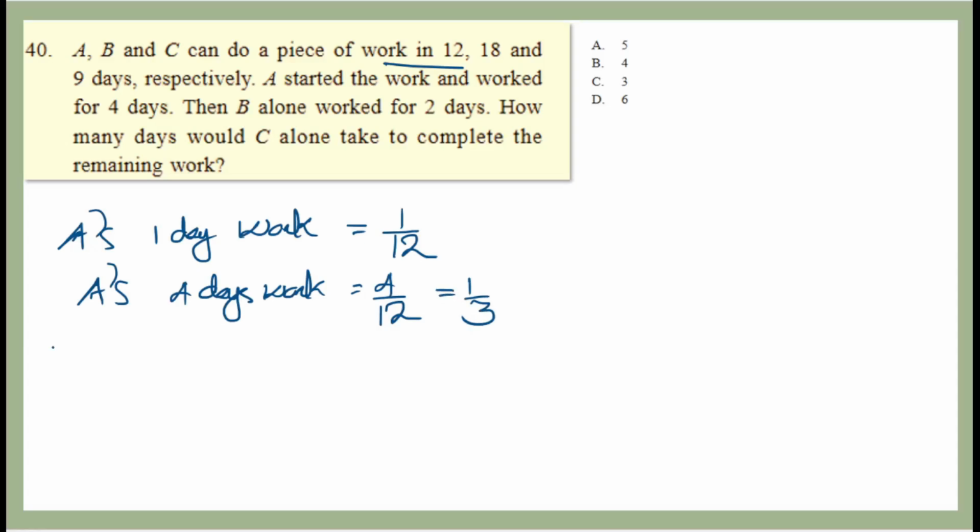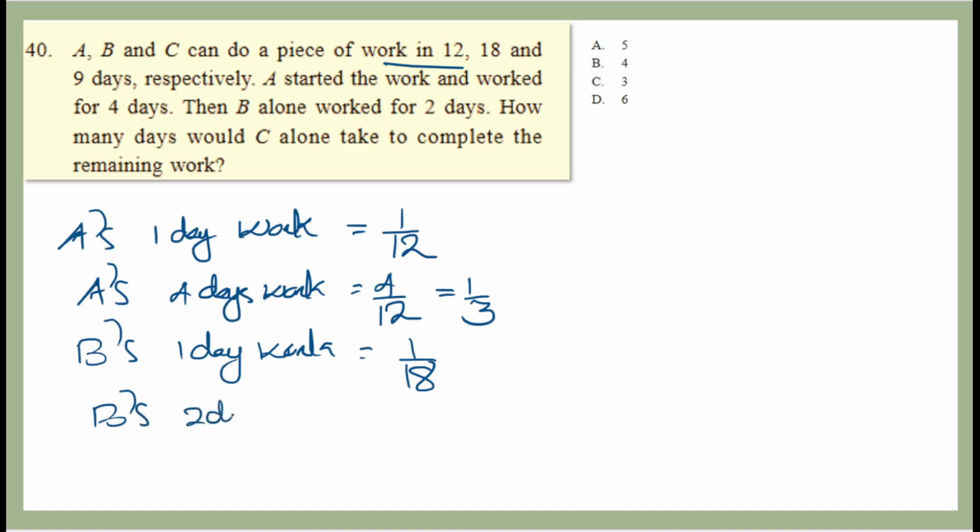B can do the same piece of work in 18 days. Hence B's 1 day work equals 1 by 18. B alone worked for 2 days. Hence B's 2 day work equals 2 by 18 equals 1 by 9.